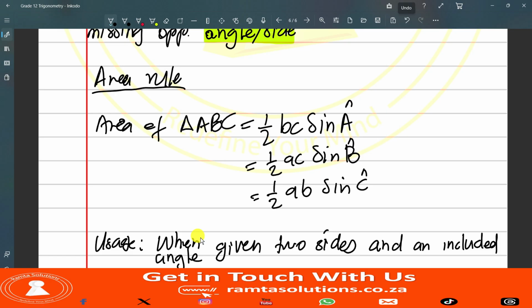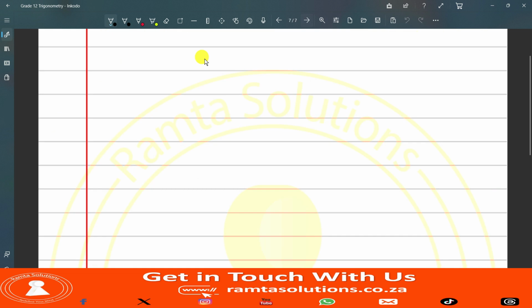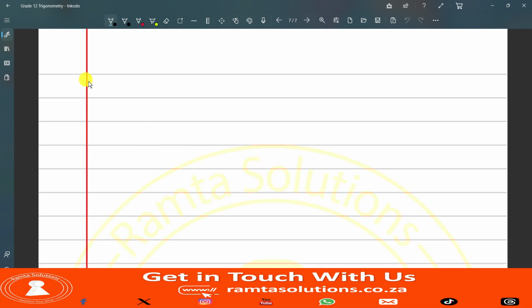Now let's go to trig functions. We are almost there. The 7th item, trig functions. We are not going to draw them, but I'm going to explain a few things.